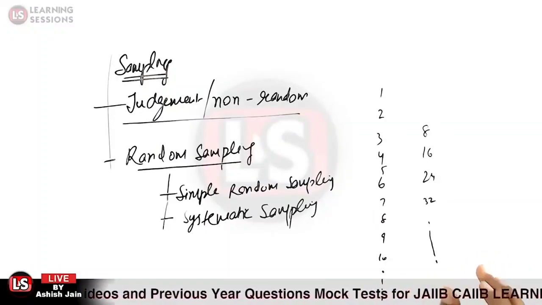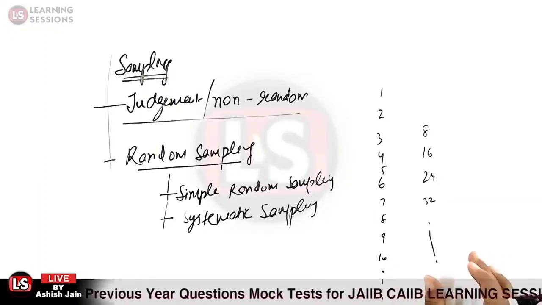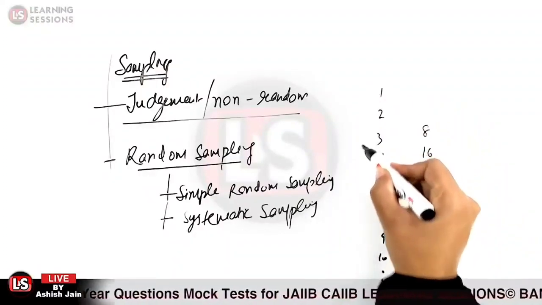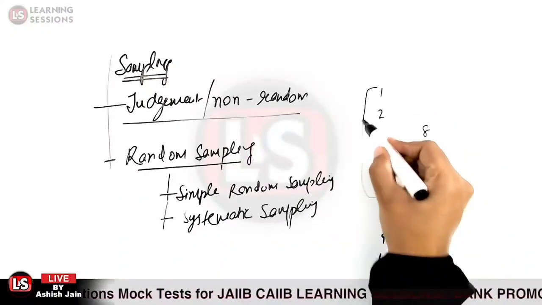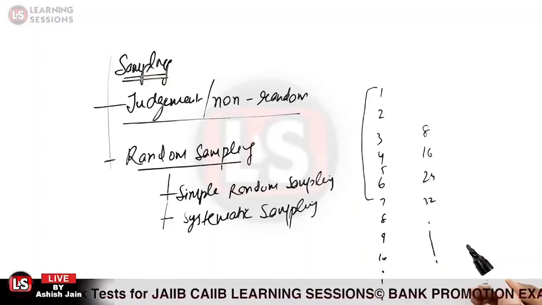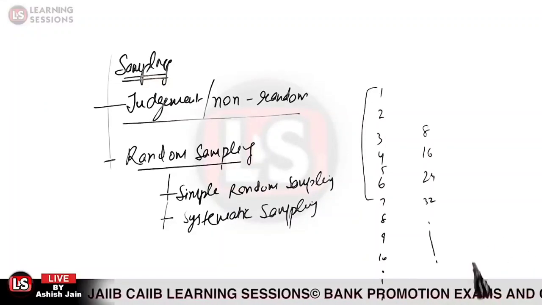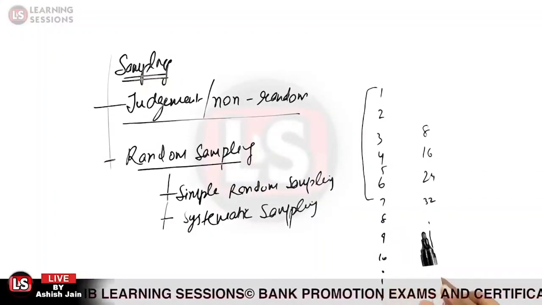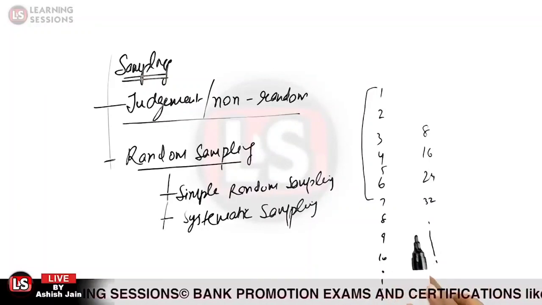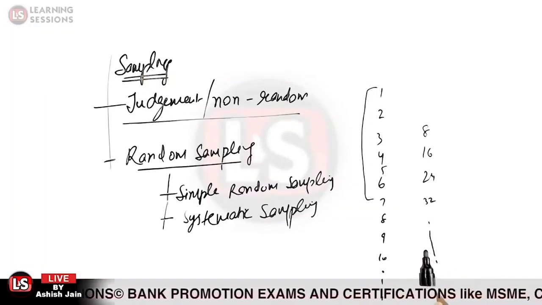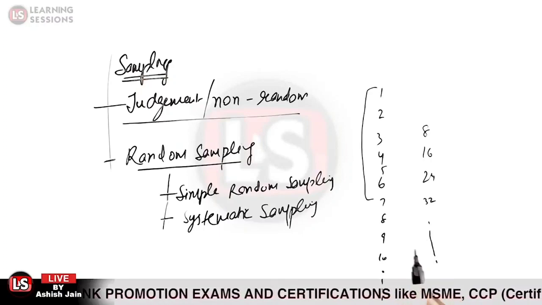Now in this particular case, persons 1 to 7 never get a chance to be selected into the sample itself, because we select each and every 8th student.